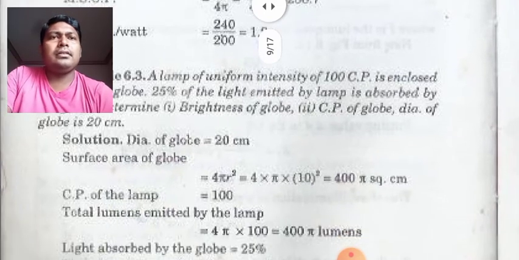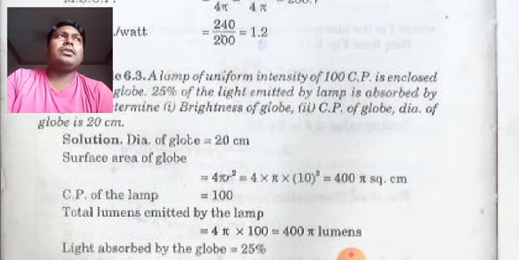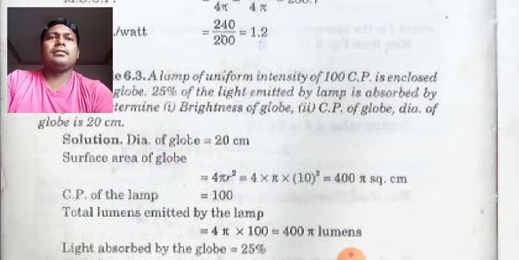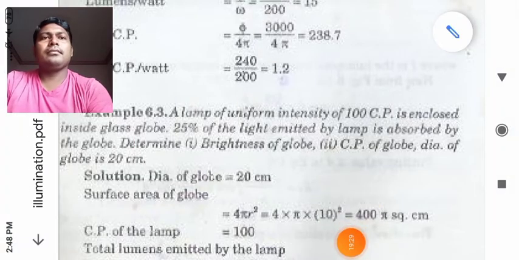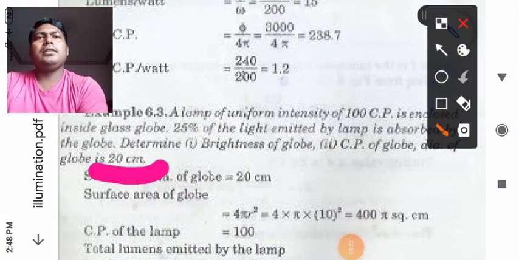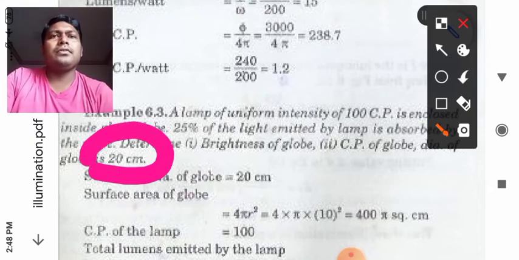So the diameter is equal to 20 centimeter. Surface area of the globe is equal to 4 into pi into r square, which is 4 into pi into 10 square. Where did this 10 come from? This is the radius, because the diameter here is given as 20 centimeter. If the diameter is 20 centimeter, what will be the radius?